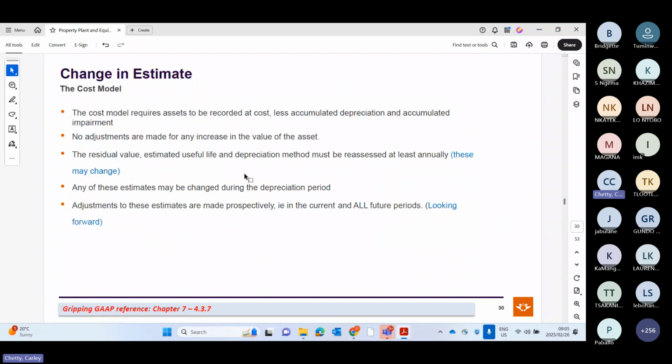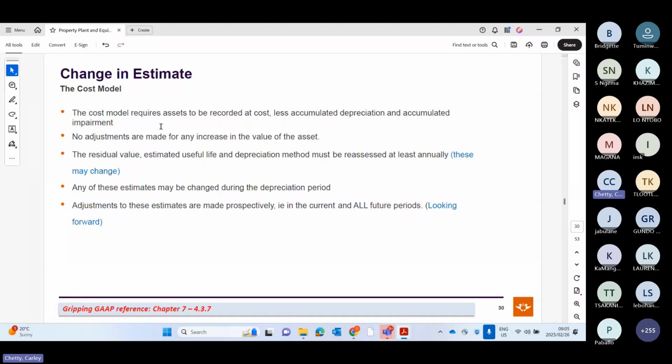The cost model requires assets to be recorded at cost, less accumulated depreciation and accumulated impairments. So no adjustments are made for any increase in the value of an asset. So remember, under the cost model, we do not increase the value of the assets. That is only under the revaluation model.